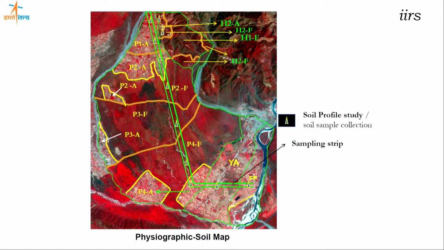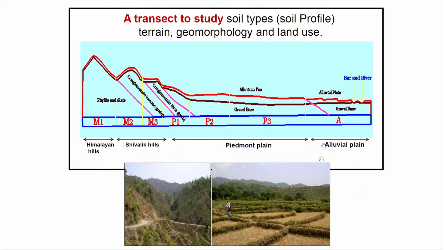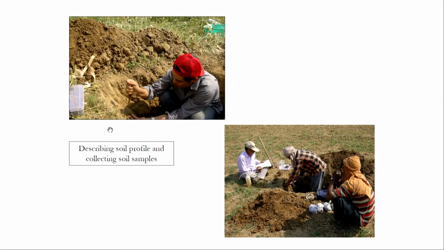So you get the sampling unit samples there, and you study the soil profiles, and we can characterize the soil. So here you see, we are taking the soil profile.